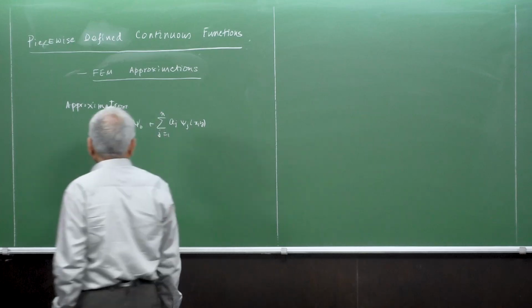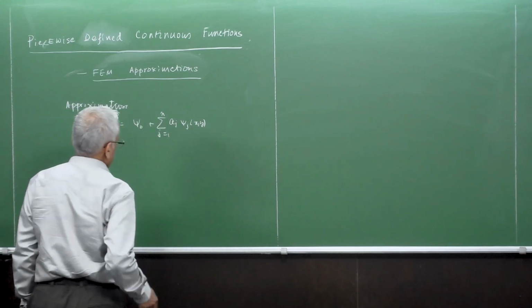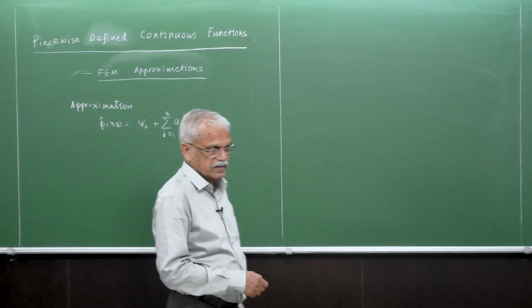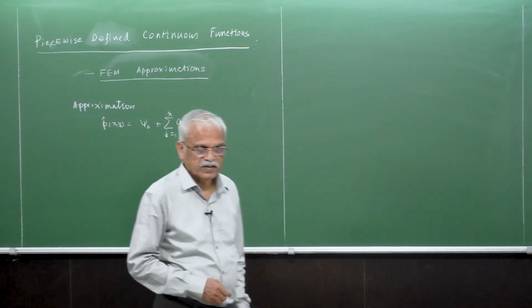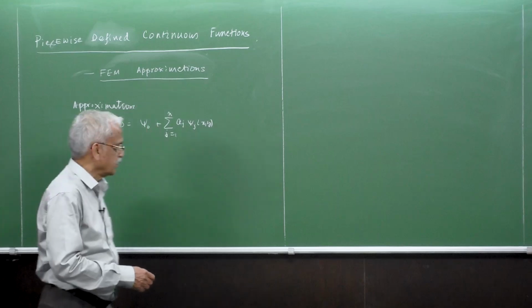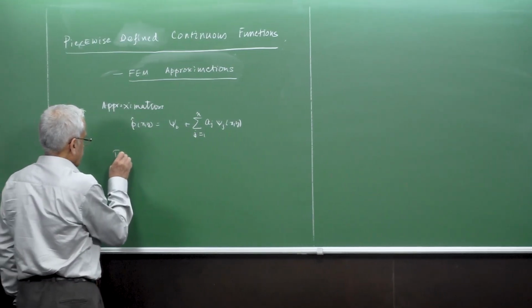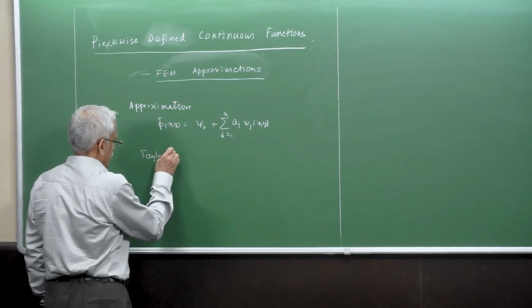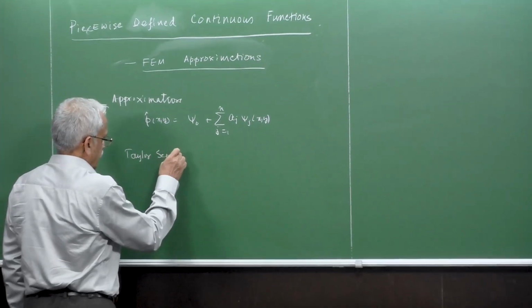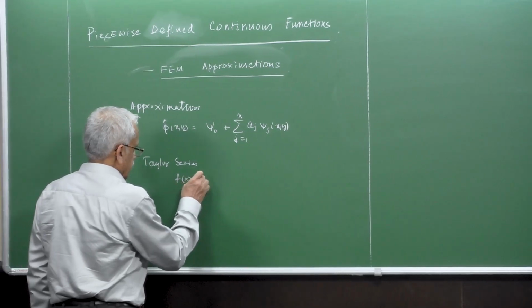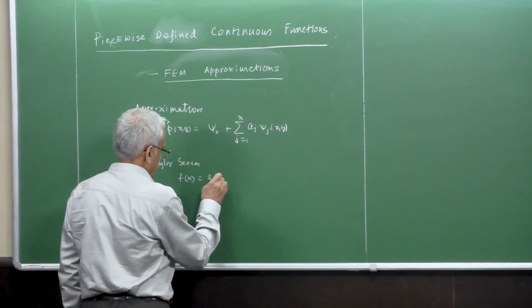That means not only this one, but even the Taylor series or even Fourier terms. If you look at the Taylor series, for example, a function f(x) is written as a naught plus and so on.